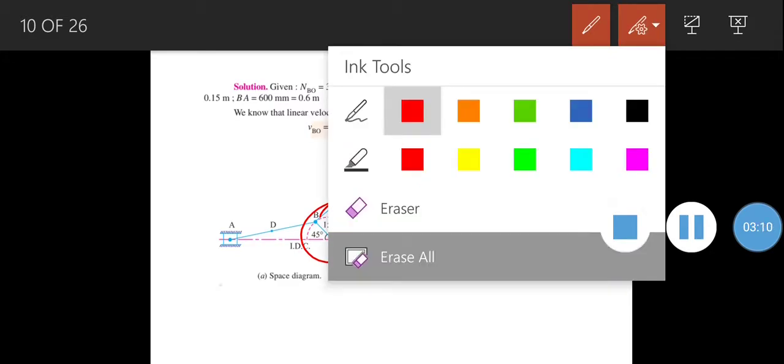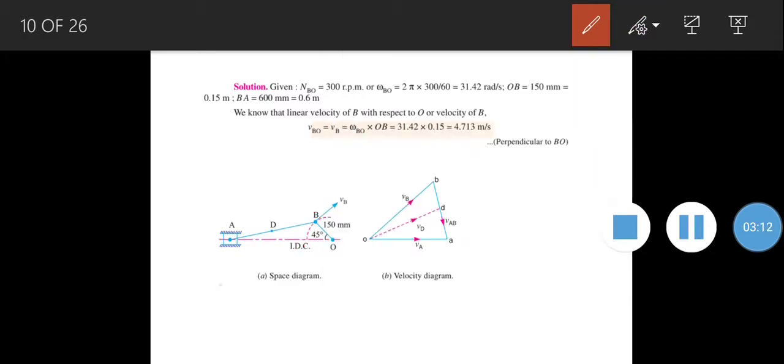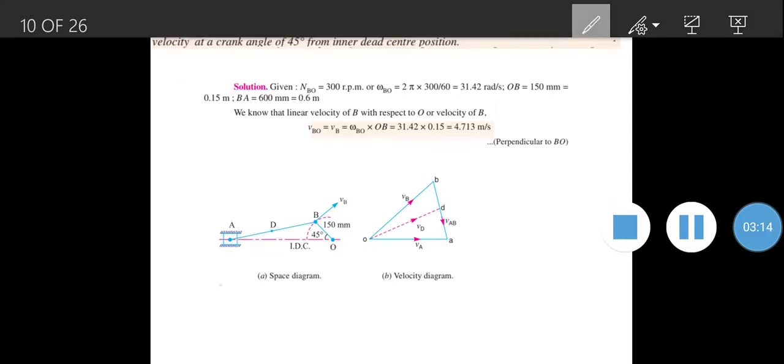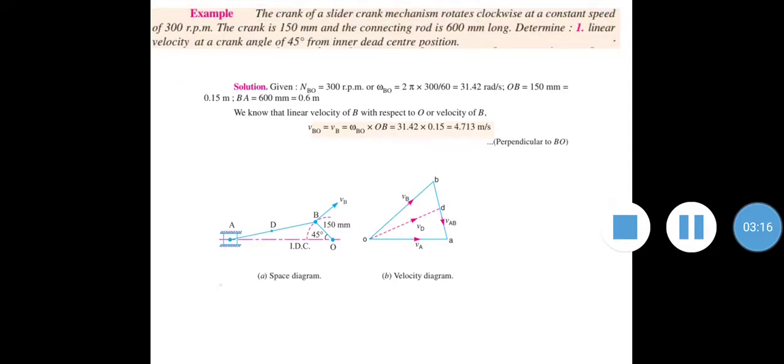Then we get the velocity of the rotating crank, which is 4.713 meter per second.